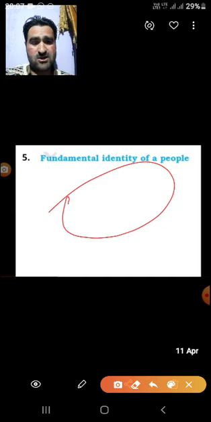The constitution of almost every state in the world lays down certain principles that define who is the citizen and who is not the citizen of the state, who can become the citizen, how a person can acquire citizenship, what are the rules and regulations. This whole process is laid down by the constitution.